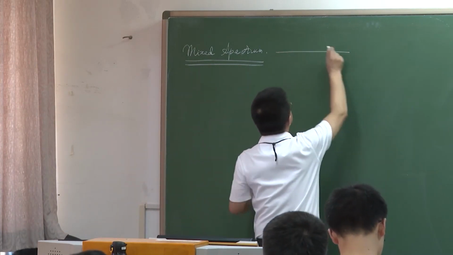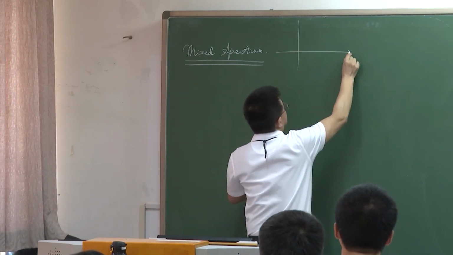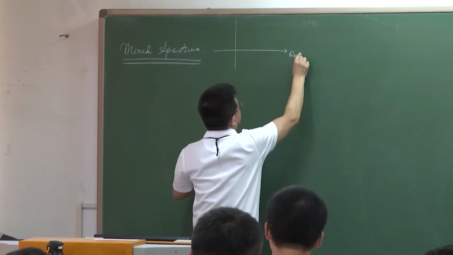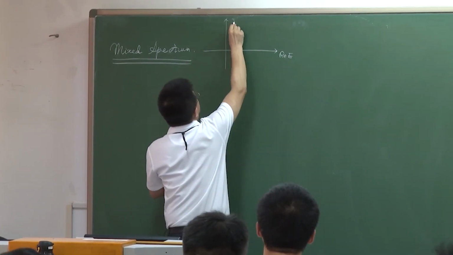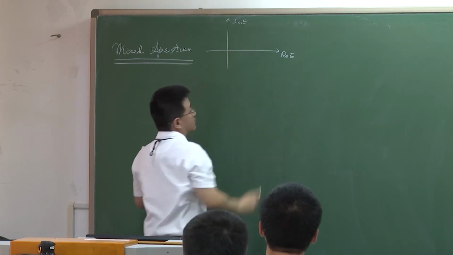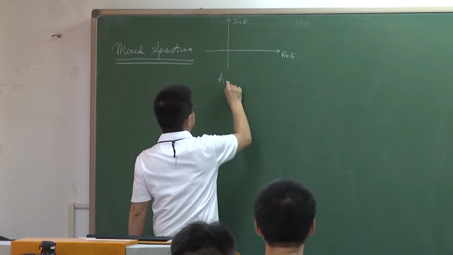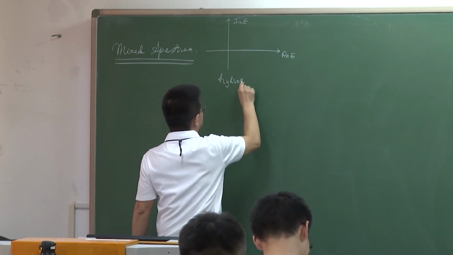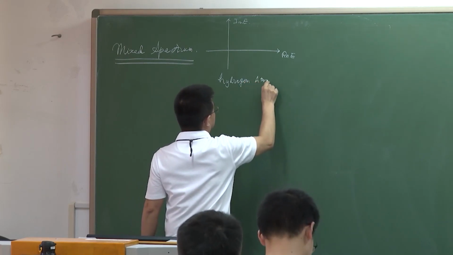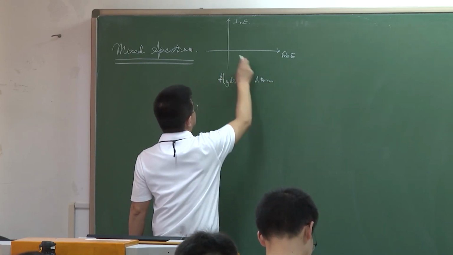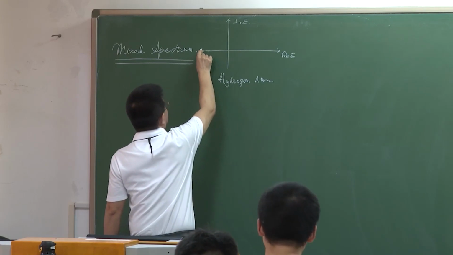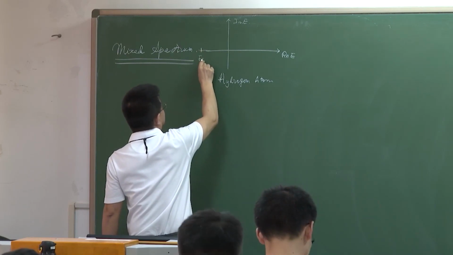And for this, if we have the spectrum for the hydrogen atom, this is the ground state.